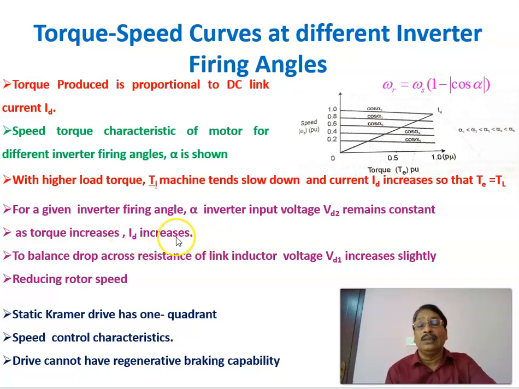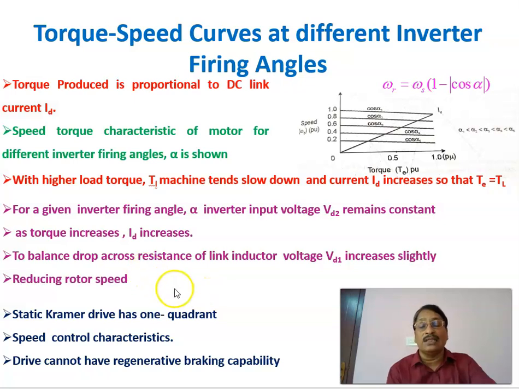As ID increases, to balance the drop across the resistance of the linking inductor, the voltage VD1, that is the output voltage of the rectifier, will be slightly increasing. Voltage VD1 increasing means that speed is getting down.